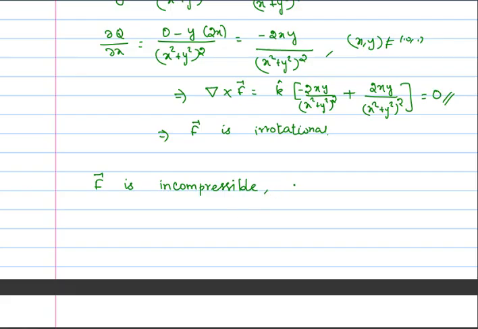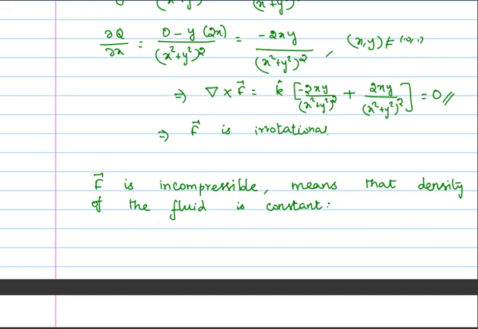This means that the density of the fluid flow is constant.